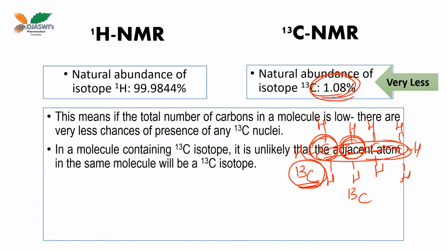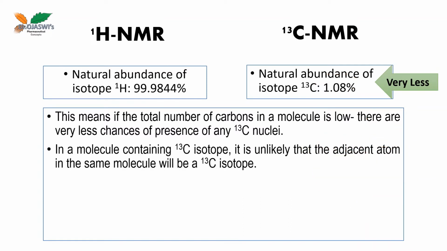And in addition to that, in a molecule containing a 13C isotope, it is unlikely that the adjacent atom in the same molecule will be a 13C isotope. In this structure, the first point is that the chance of this carbon existing as 13C is only 1%, and the chance of having two adjacent carbons both be 13C is far rarer than that.